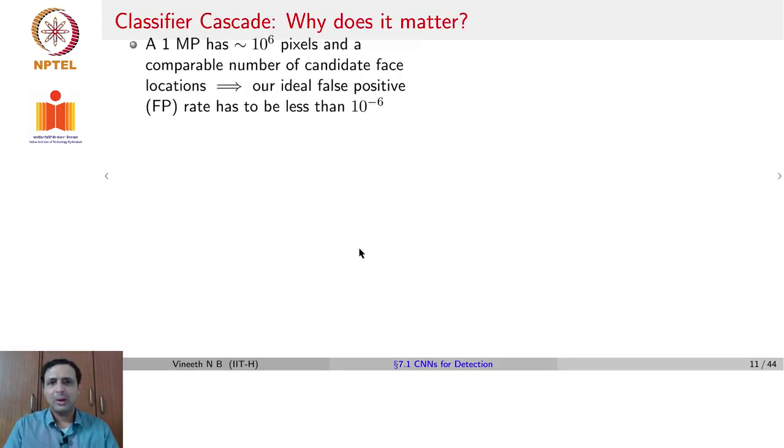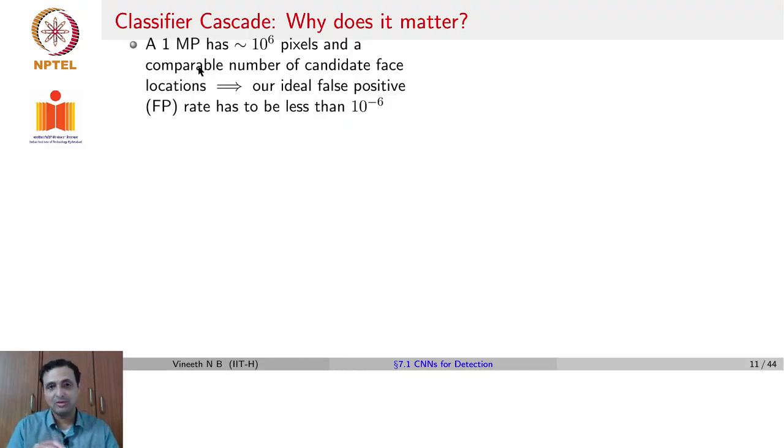Why does this classifier cascade matter? We just mentioned that for a problem like face detection or object detection, false positive rate is very important. So if you had a 1 megapixel image, remember you're dealing with 10^6 pixels, and at least a comparable number of candidate face locations. So even if you assumed that a face could be at each of these locations, you're at least looking at 10^6 possibilities.